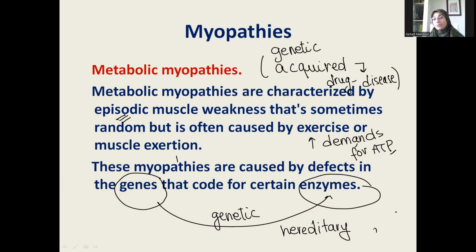And since it is a hereditary disease, you will be born with it, and it is a congenital disease. So there are defects in the enzymes that work in the mitochondria, so the mitochondria cannot produce adequate amounts of ATP molecules.